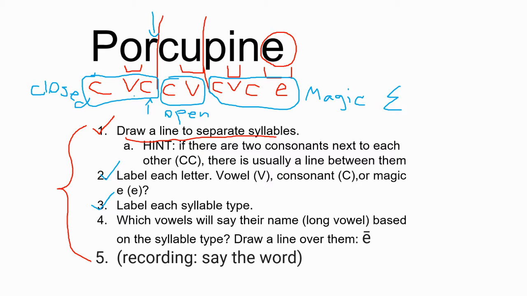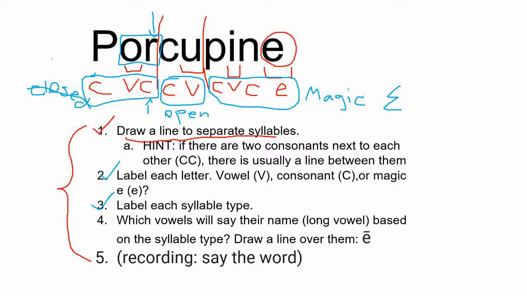It's not a closed syllable because look at this group right here, OR. We went over this a week ago. This is an R controlled. You can tell because there's an R here and together that's going to say or. So it's not saying oh and it's not saying ah, it's saying or.